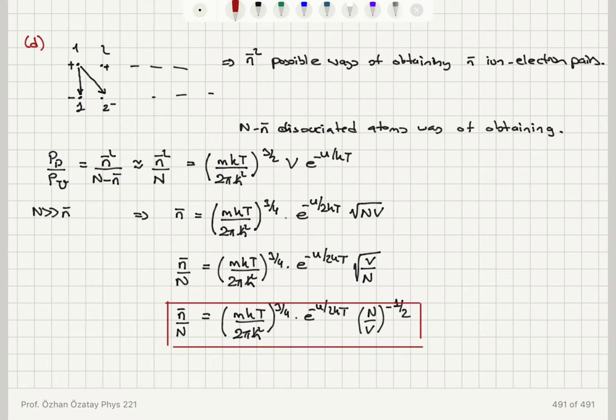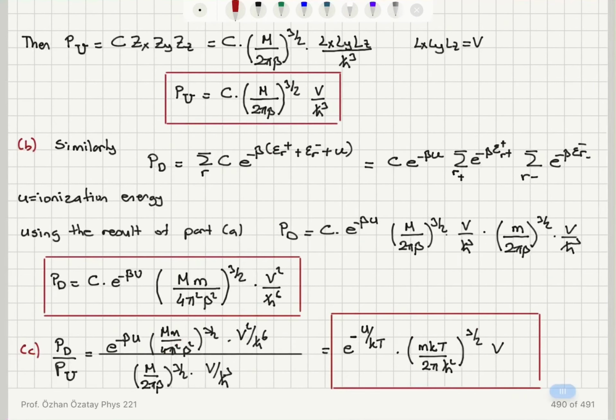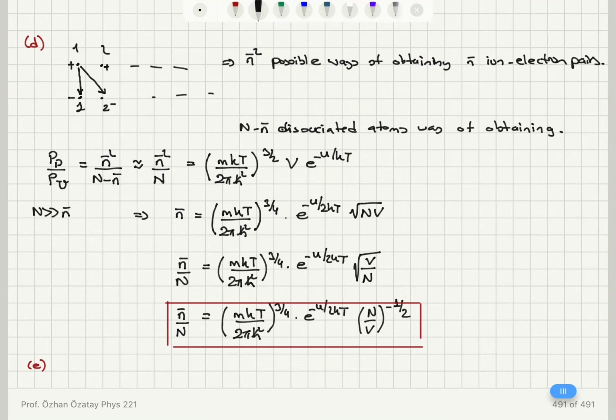And let's look at part E. Part E, ordinarily kT is much less than the ionization energy. Under these conditions, would you expect most atoms to be dissociated or not? Well, if you have a low energy in the system, when kT is much less than U, we would expect most atoms to be undissociated in the lower energy state.